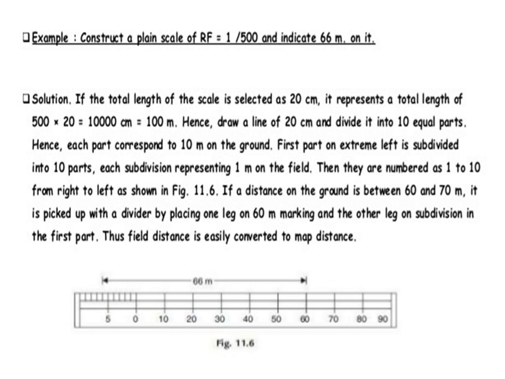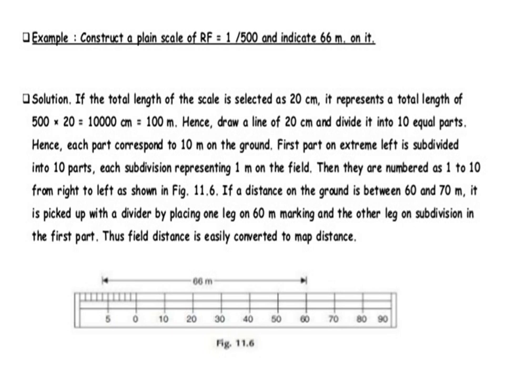It represents a total length of 500 multiplied by 20, that is equal to 10,000 centimeter, and 10,000 centimeter is equivalent to 100 meter. Hence we have to draw a line of 20 centimeter and divide it into 10 equal parts. Hence each part corresponding to 10 meter on the ground.